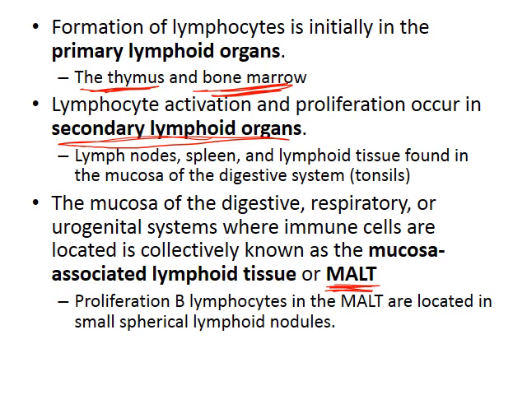Now, if you think of it, your mucosa is your barrier to the outside world. So think of your nasal passages and your GI tract. This is where a lot of different exposure occurs, so this is where a lot of our lymphocytes are going to be found. Whenever we have proliferation in the MALT, it's going to primarily be in the small spherical lymphoid nodules.